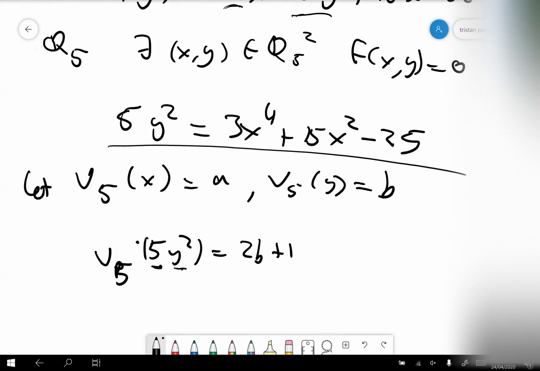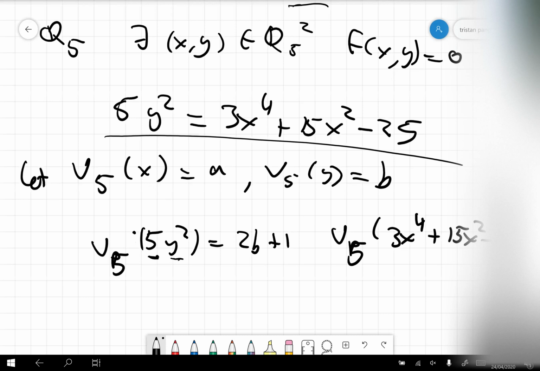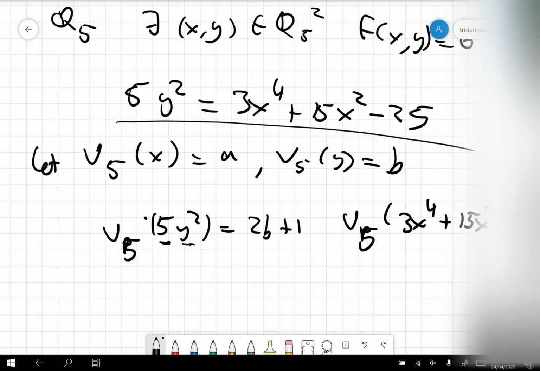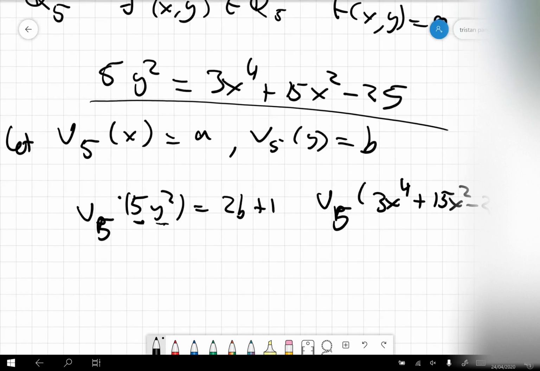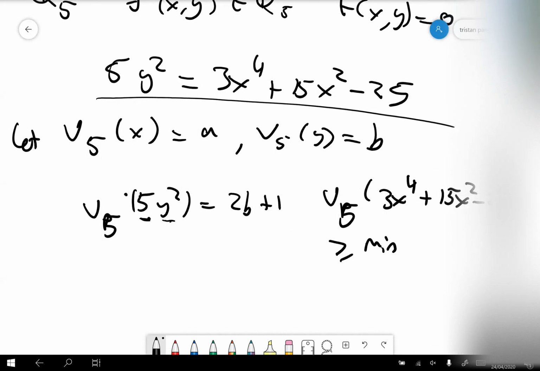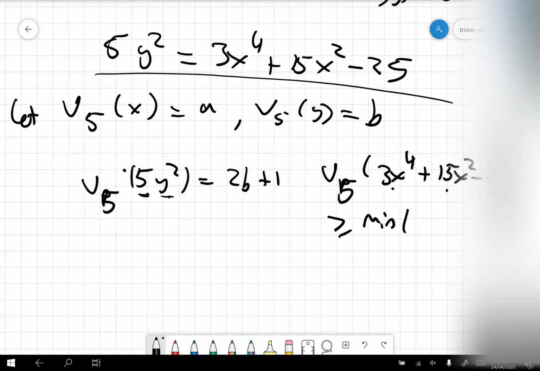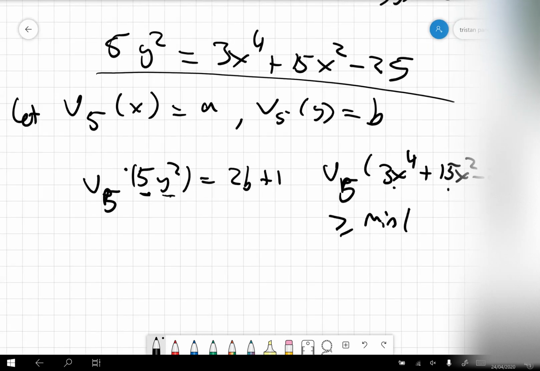And then on the right-hand side, we get the 5-adic valuation of 3x to the 4 plus 15x squared minus 25. From the result earlier, this is greater or equal to the minimum of these three things, and then we can easily see that this is a power of 4.